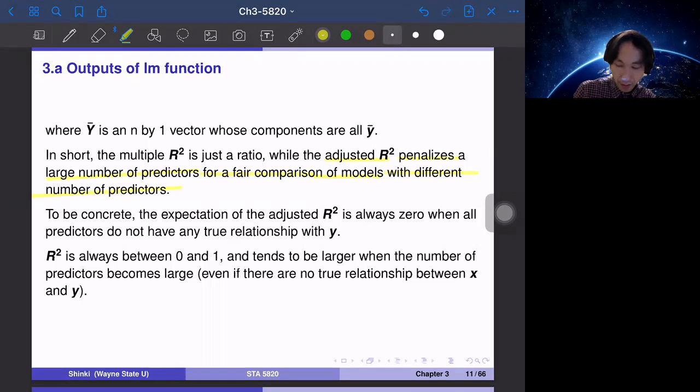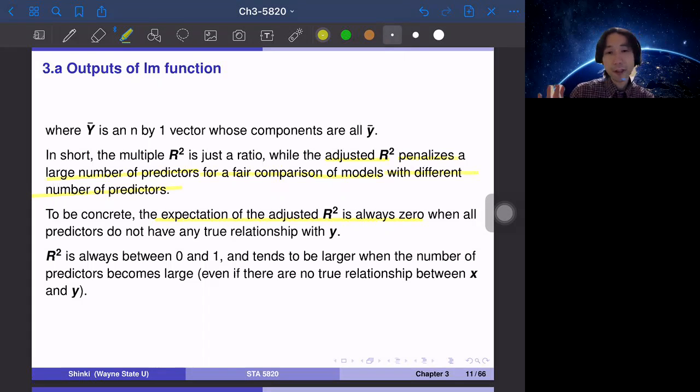And in what sense is R-square adjusted? Here is the answer. The expectation of adjusted R-square is 0 if all predictors have no relationship with Y. Okay, so all predictors are useless. We want R-square to be equal to 0, right? And for adjusted R-square, the expectation is actually 0.